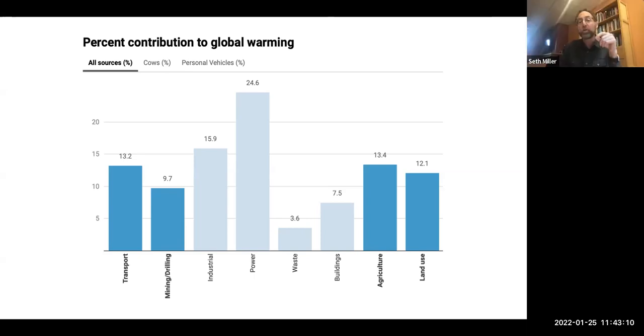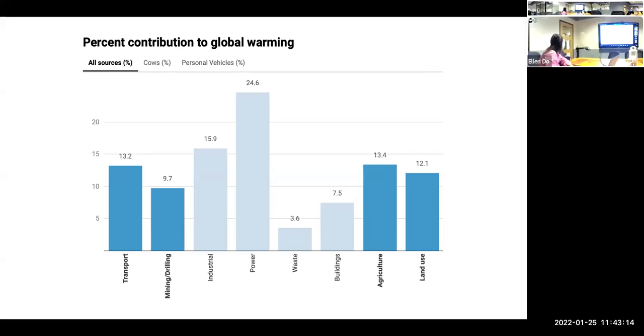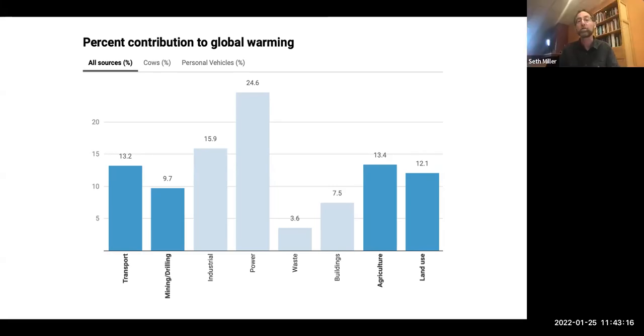You'll see that globally, transport and agriculture are about the same size. Now, in the United States, transport is bigger because we have more cars than average, but globally, transport is not.